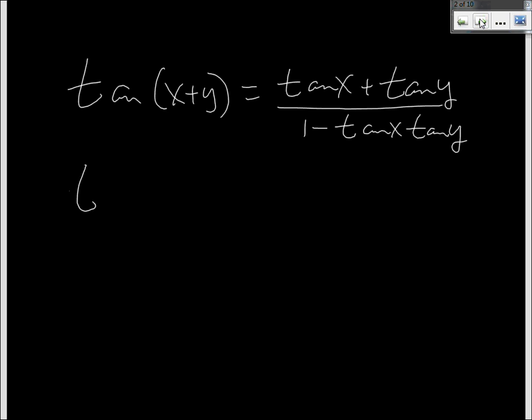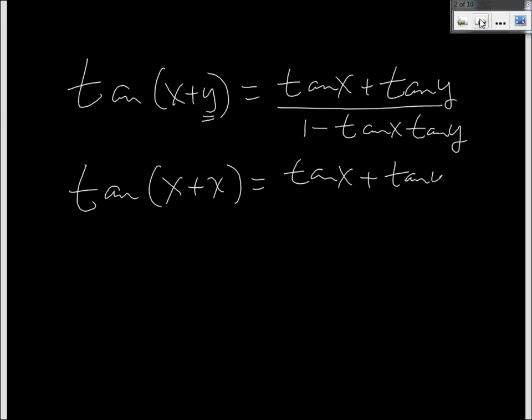Well, let's see if I can write it down correctly this time. We're going to replace y with x. So we get tangent x plus tangent y becomes tangent x. In the bottom, we get 1 minus tangent x times another tangent x, which becomes tangent squared x.